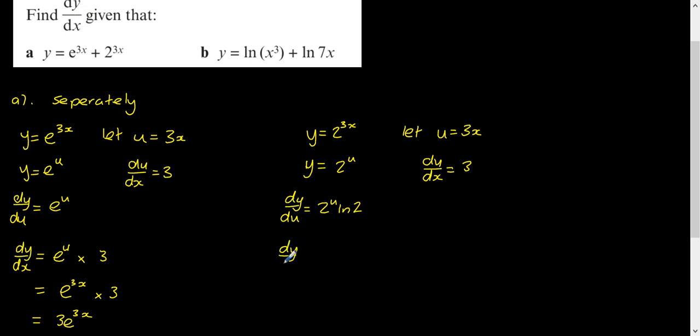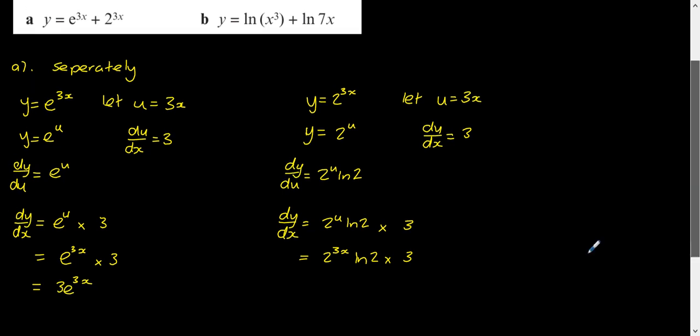When we multiply the two together to make dy by dx, we've got 2 to the u log 2 multiplied by 3. We swap in our u, so we've got 2 to the 3x log 2 multiplied by 3, which comes out as 2 to the 3x multiplied by 3 log 2.